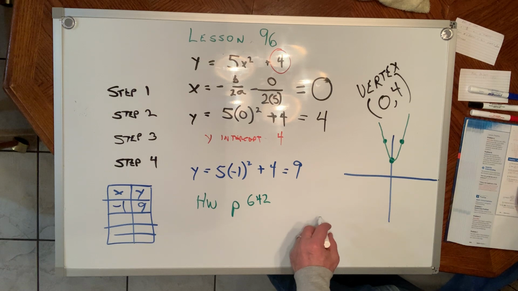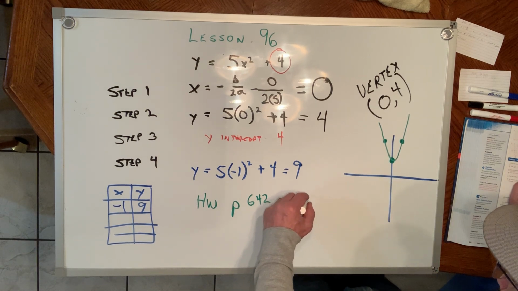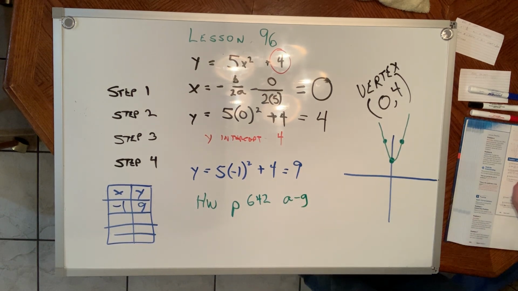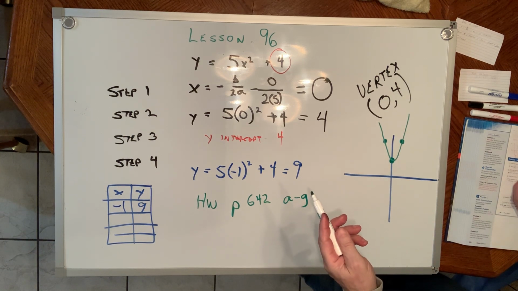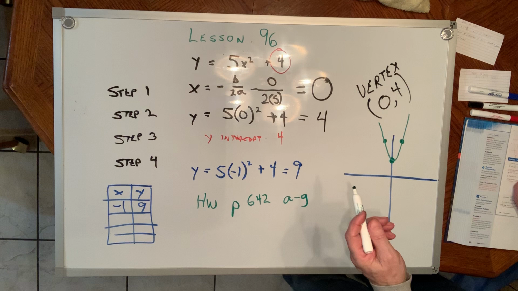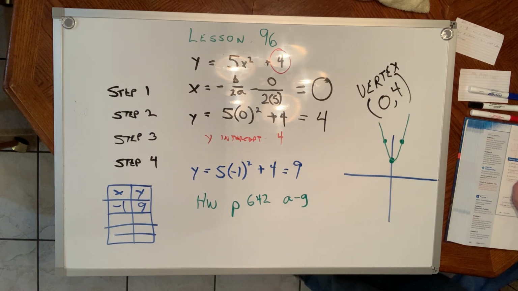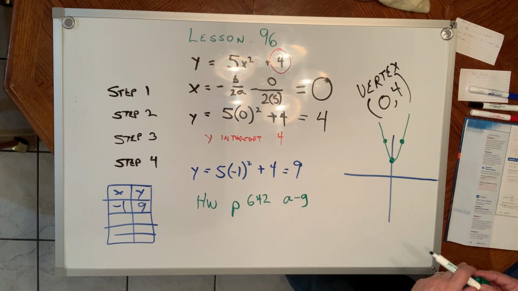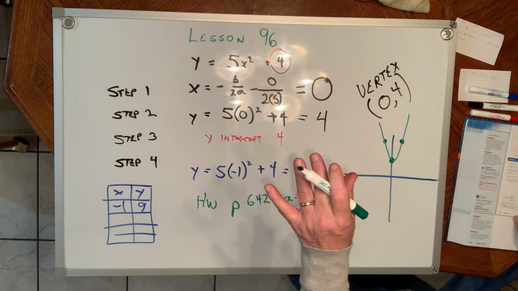You are going to use A through G. By the way, D, E, and F say use the calculator. If you have any problems, let me know, but it's still pretty doggone simple. If you had to, you could just graph it and find a lot of those. But if you don't have to and you can use the graphing calculator, fun. It'll come in handy later. Again, let me know if you have any issues.